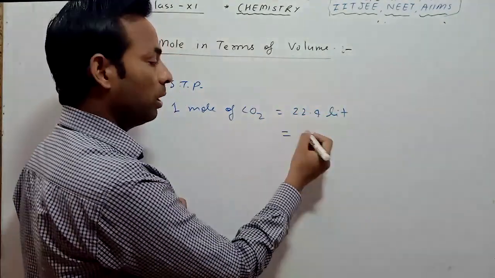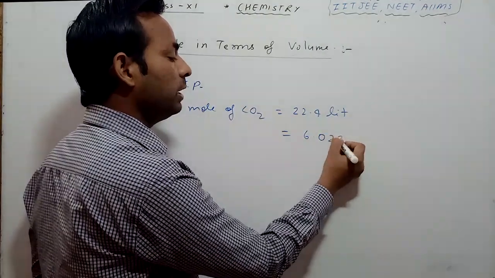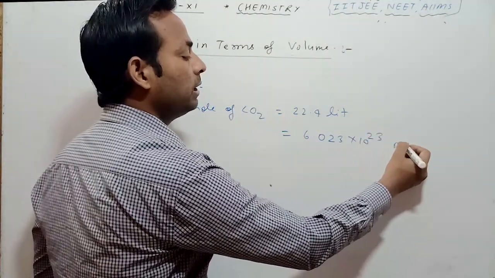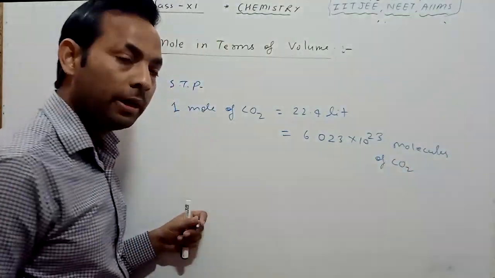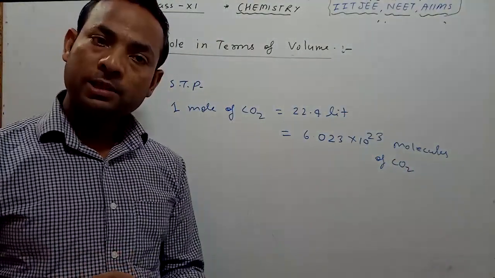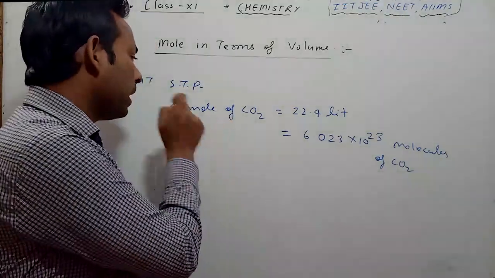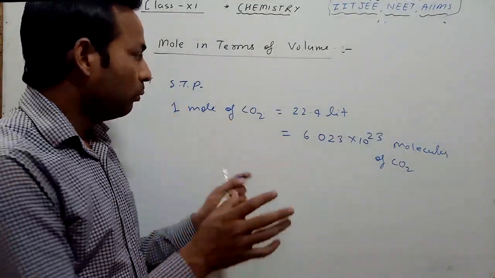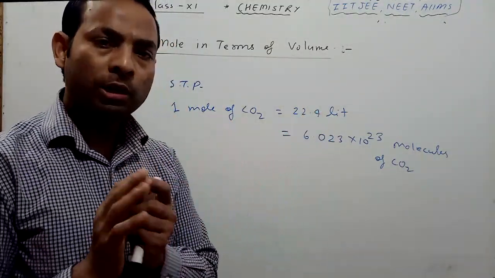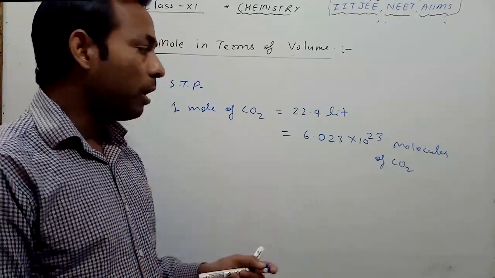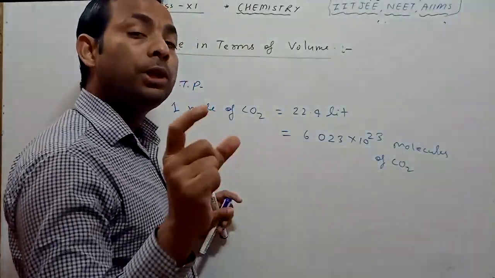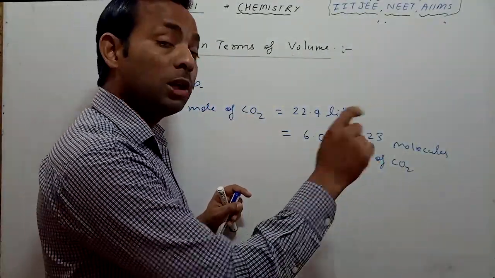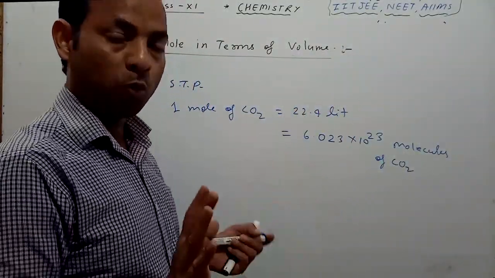It is also equal to 6.023 into 10 to power 23 molecules of CO2. It means if at STP I take 1 mole of CO2 gas, it will occupy 22.4 liter volume, and that volume also contains 6.023 into 10 to power 23 molecules of CO2.